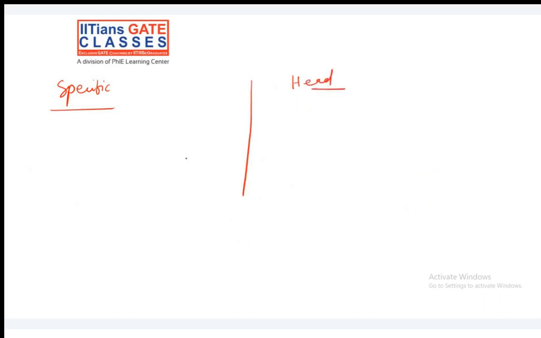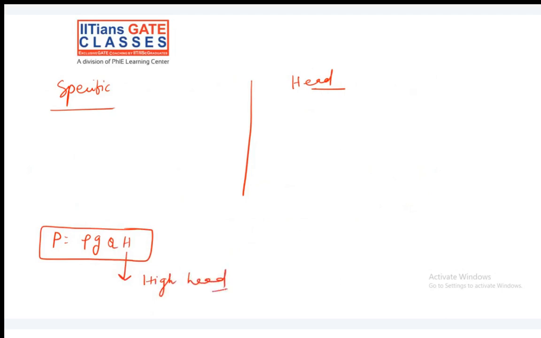Okay, so one thing we know is that power is rho g Q H. So if a turbine is high head, then its discharge will be what? Low. Then this is which turbine? This is Pelton turbine. If the head is high and discharge is low, this is a Pelton turbine.